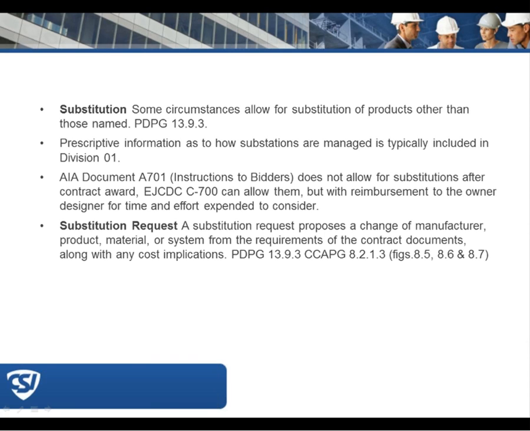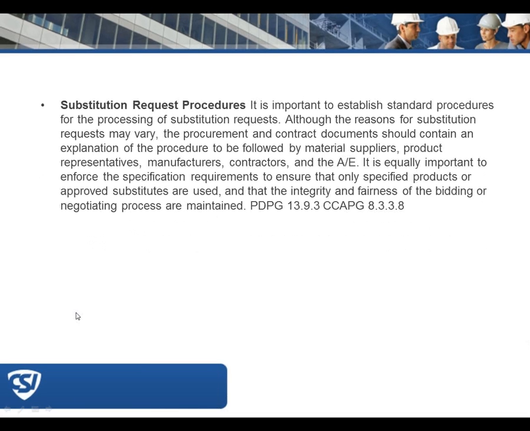But if we go to the next slide, what we begin to talk about now are the request procedures, and probably the most important part of consideration of substitutions is what you use in the contract documents in that Division 1 explanation. It's important to establish those procedures for exactly how you are going to process a request.